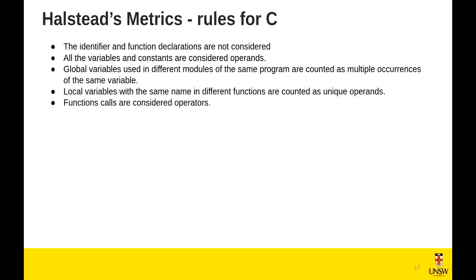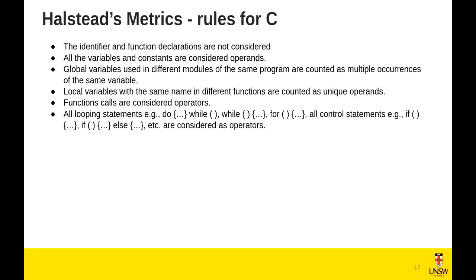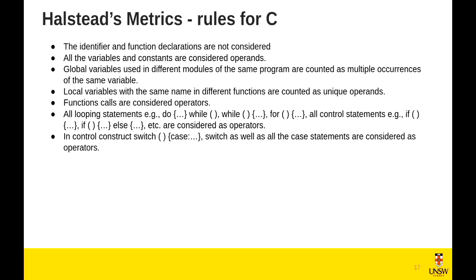Function calls are considered as operators. All looping statements and control statements, like the while loop, for loop, if else, and switch, are considered as operators. So these decision-related statements are considered as operators.